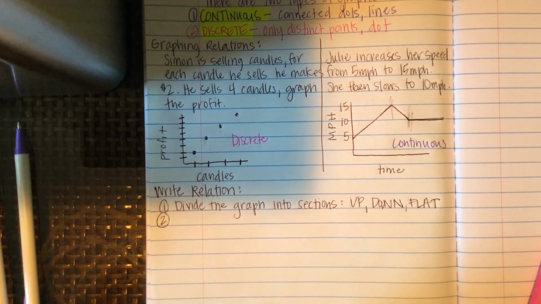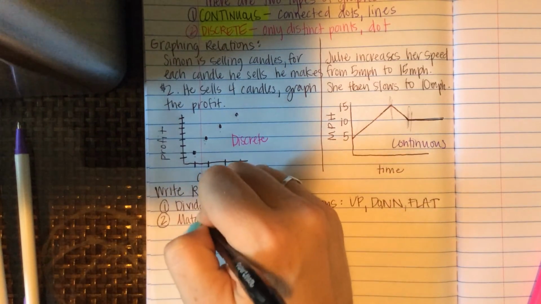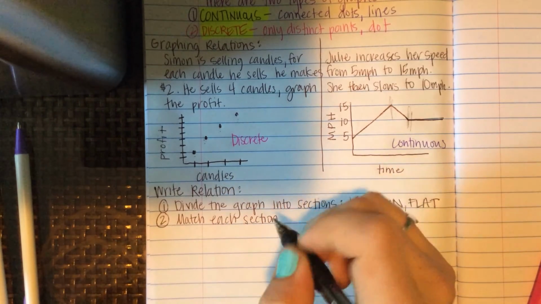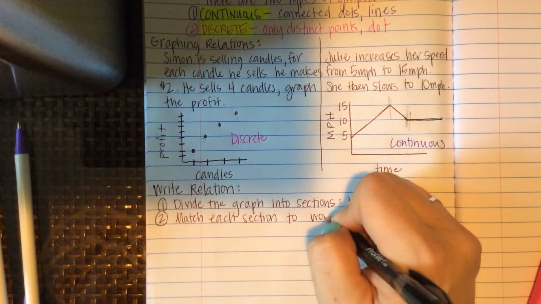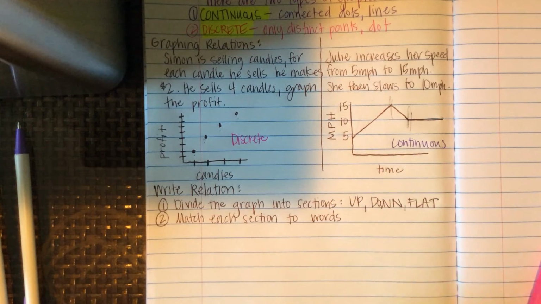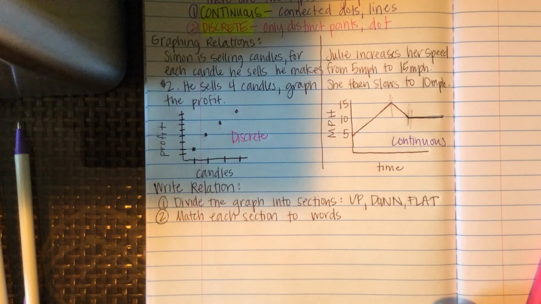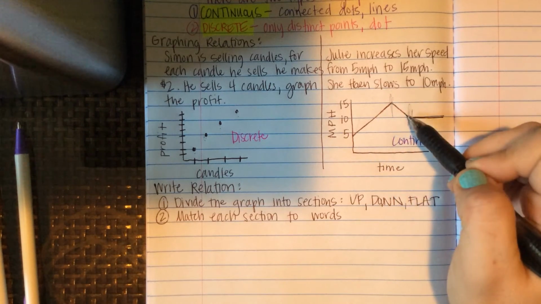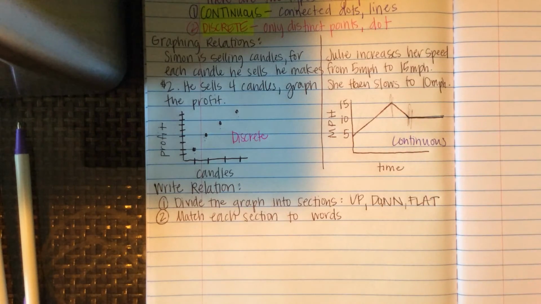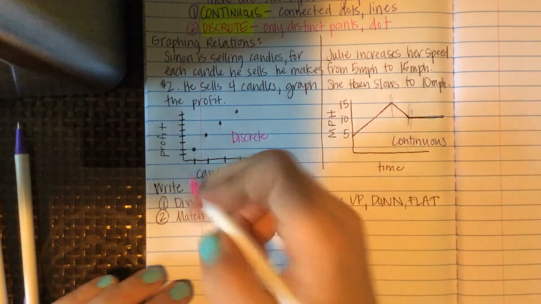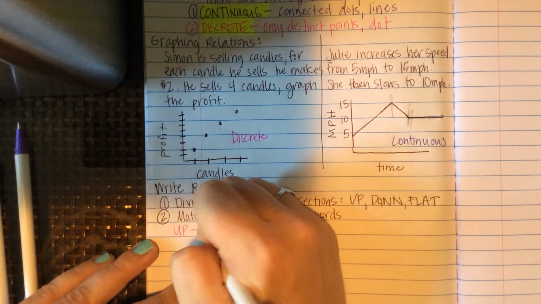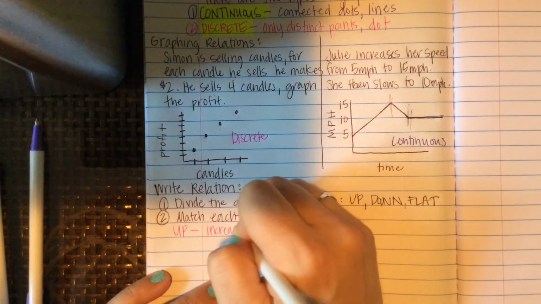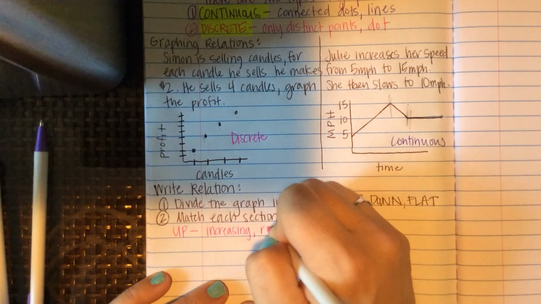The second thing we do is we match each section to words. And we want our words to be better than up, down, flat. We want descriptive words. So if the graph is going up, some words you could use are increasing, rise.